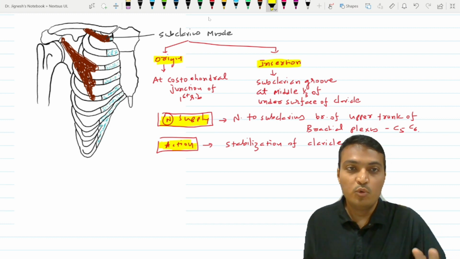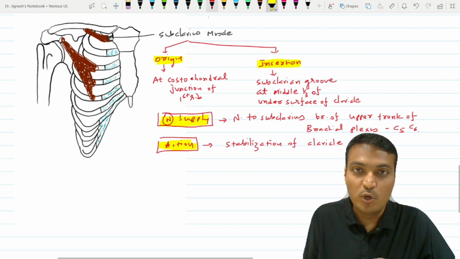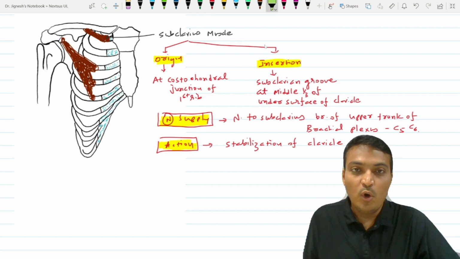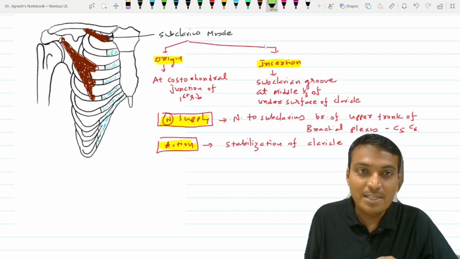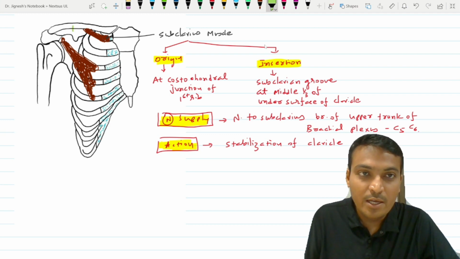So now let's move on to the clavipectoral fascia and the importance of it. As we already discussed, the clavipectoral fascia is attached from the clavicle to the pectoral region. Above, it is attached to the undersurface of the clavicle, and it encloses the subclavius muscle.